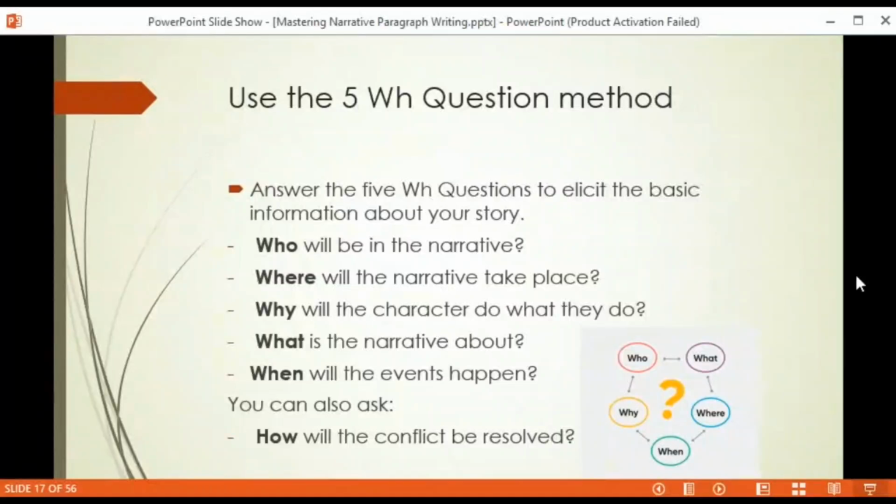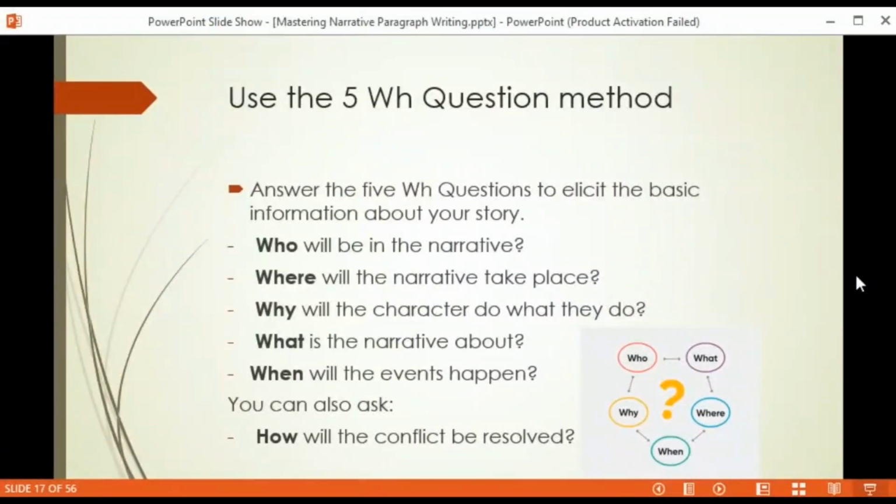Use the 5WH question method. To write a narrative paragraph, answer the 5 WH questions to elicit the basic information about your story. Who will be in the narrative?